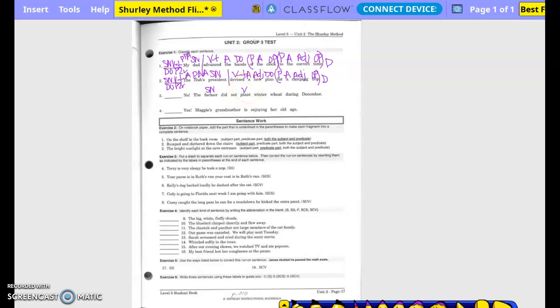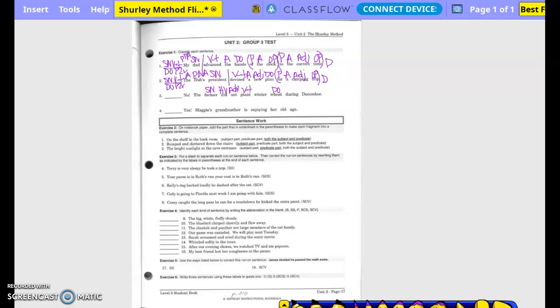Did is the helping verb and not is the adverb. Okay. And then did not plant what? Wheat. Right. Okay. Is wheat the same thing as farmer? No. So it's the direct object. Plant is the verb transitive.